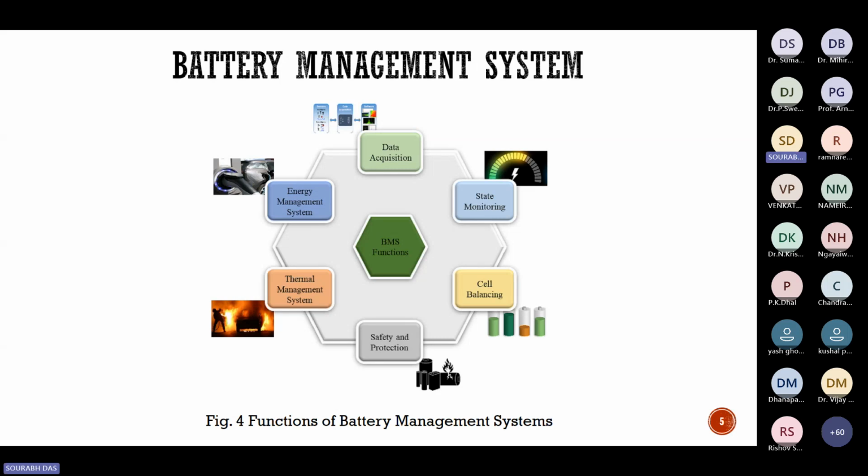Then another function is safety and protection. One of the most critical functions of the BMS is to ensure the safe operation of the battery. So it provides overcharge, over voltage, under voltage, then over current and over temperature protection.